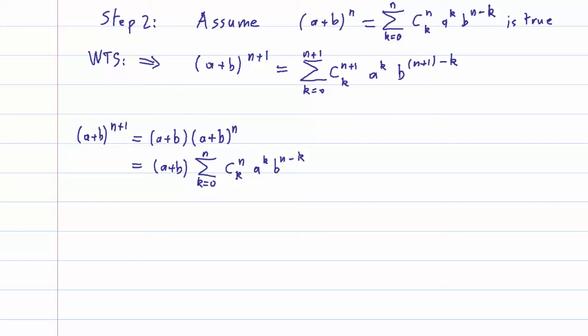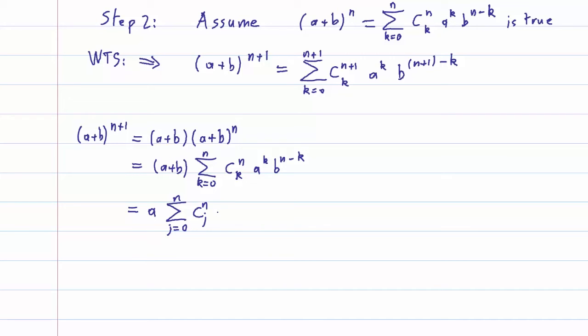Now we are going to distribute this summation here into the parentheses. So this is equal to a times the sum. I'm going to use j instead of k here for convenience. So j equals 0 to n, just changing the name, nothing else.